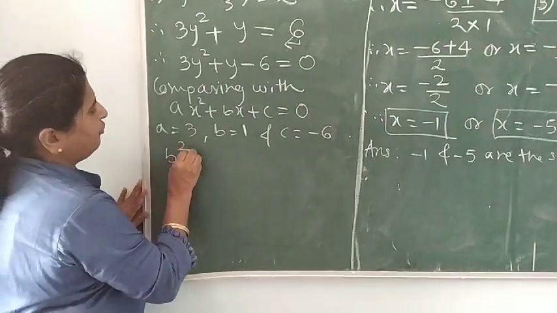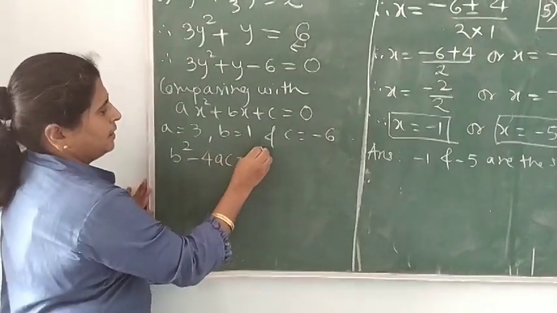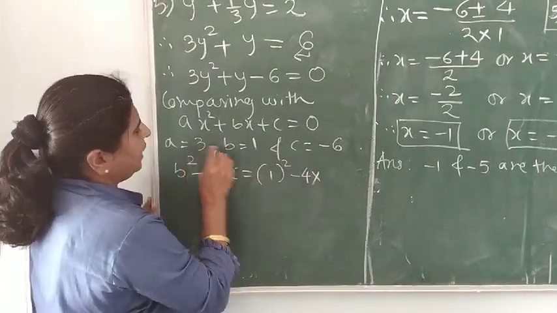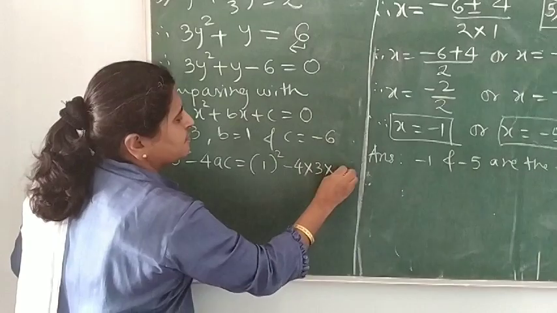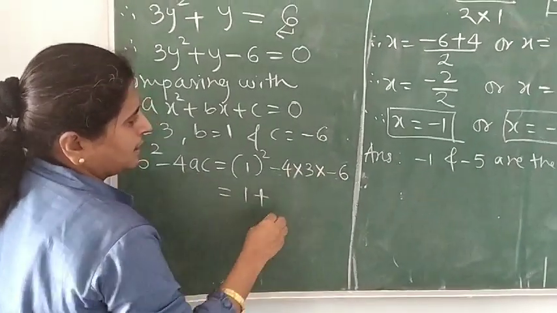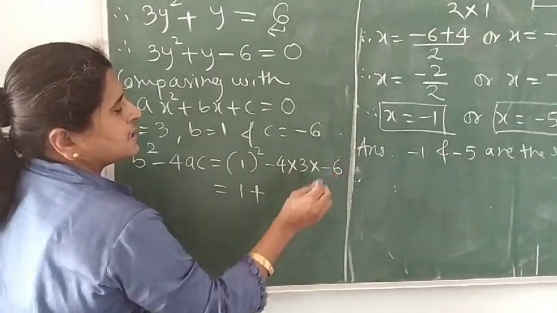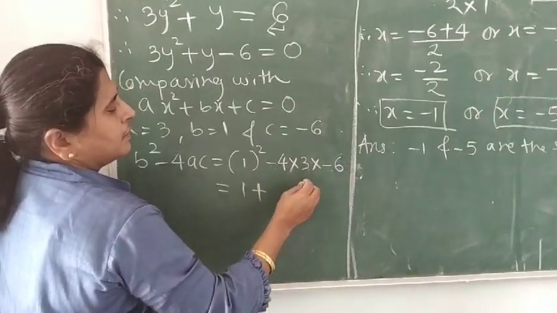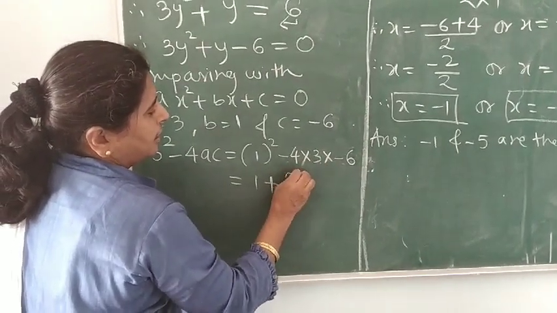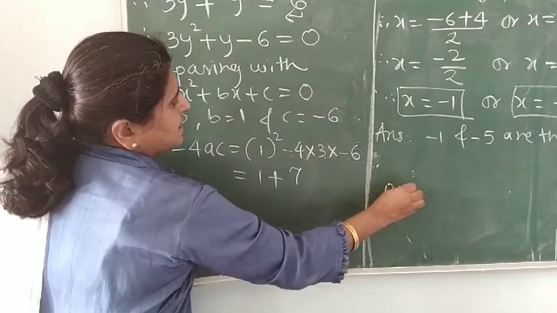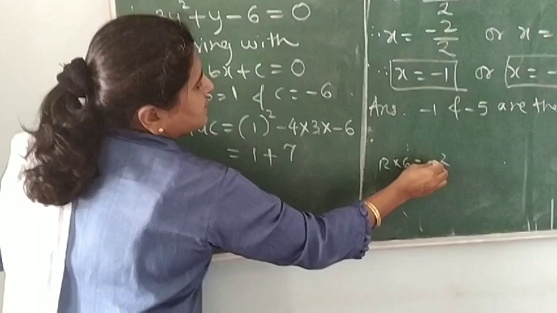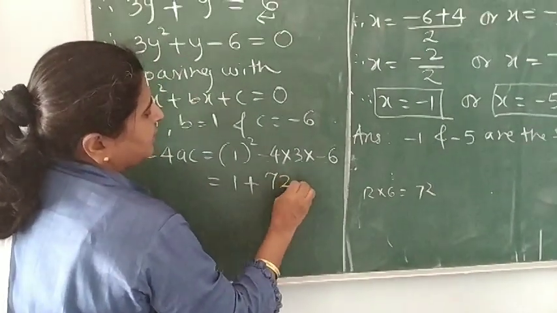Now we have to find the value of b square minus 4ac. So b is 1 square minus 4 into a is 3 into c is minus 6. Now 1 square is 1, minus minus will become plus. 4 3s are 12, 12 6s are, sorry, 72. 6 2s are 12, 6 7s are 42 plus 30, yes, it is 72.